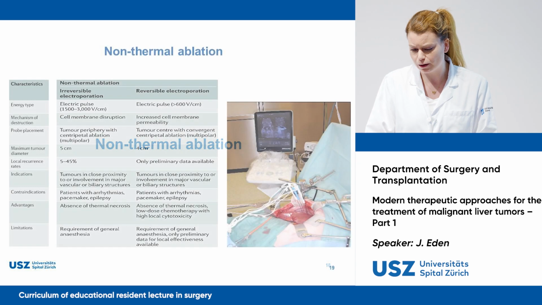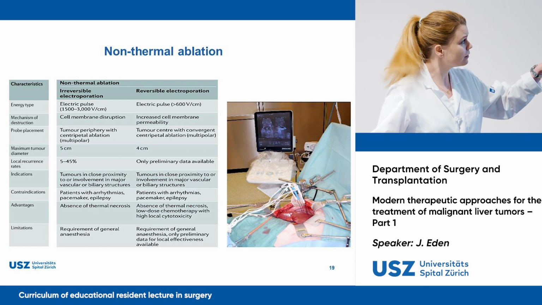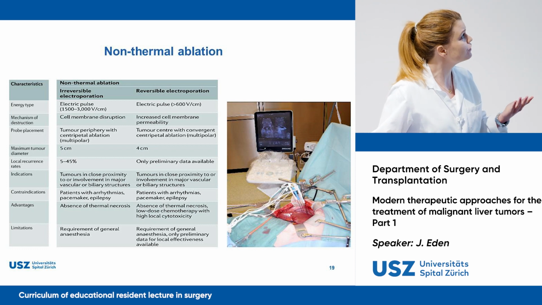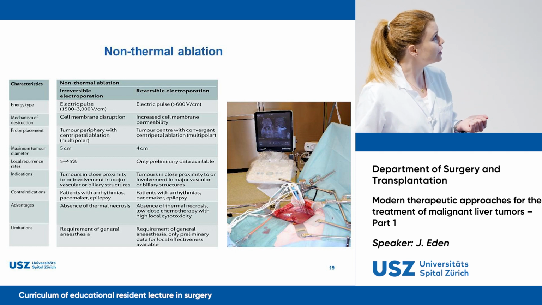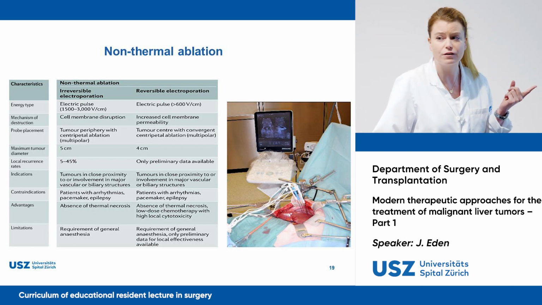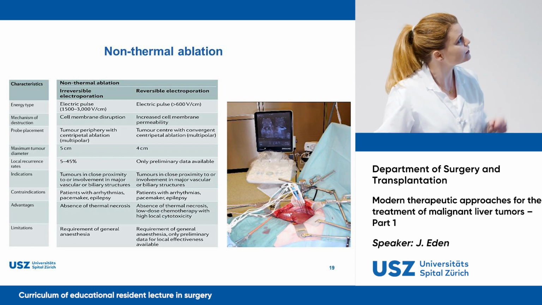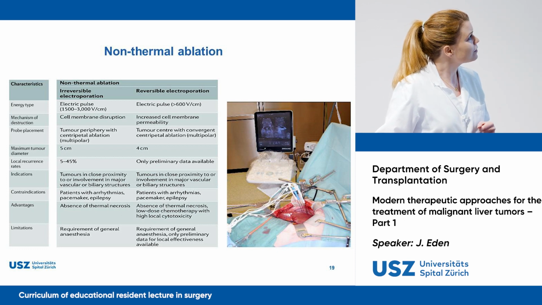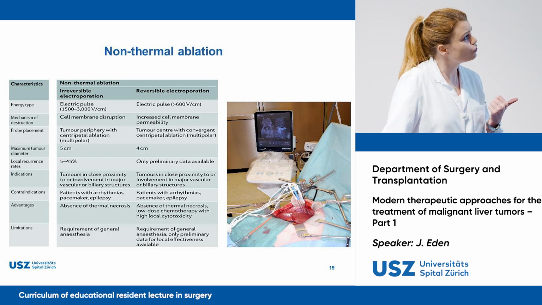Let's talk about non-thermal ablation. I'm not going to talk about all of these things, but just to mention a few, we differentiate between irreversible electroporation and reversible electroporation. Irreversible electroporation you might better know as the Nano-knife procedure, as you can see on the right-hand side. The mechanism of destruction is either cell membrane disruption or increased cell membrane permeability.